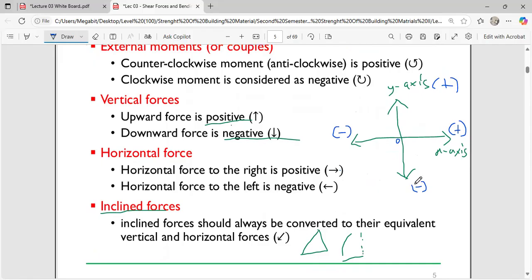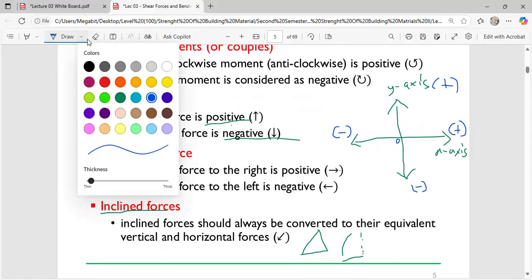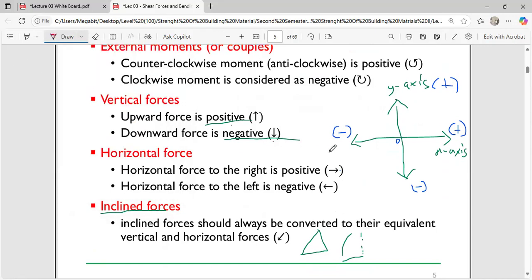You see how it's looking. Please take note that for the vertical axis, they can also be represented as forces that are moving along the y-axis.